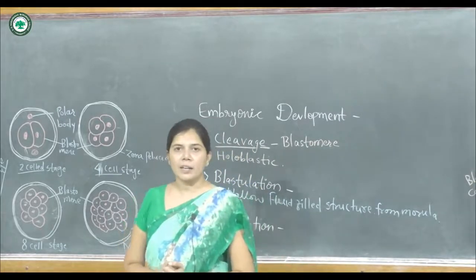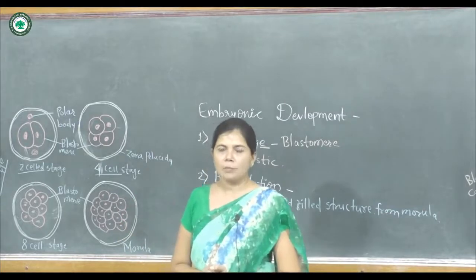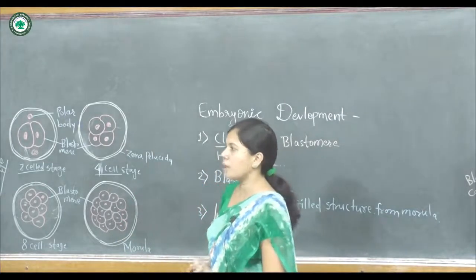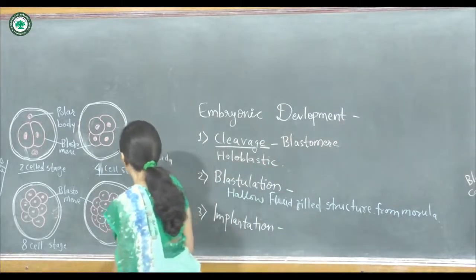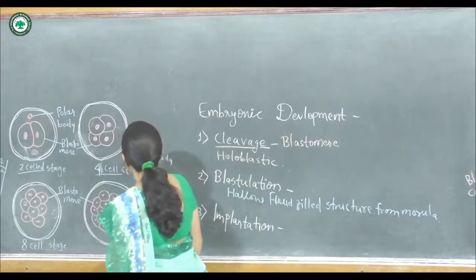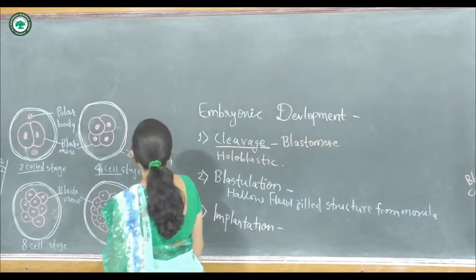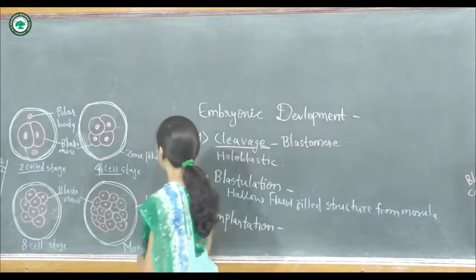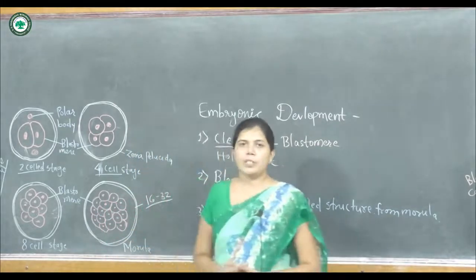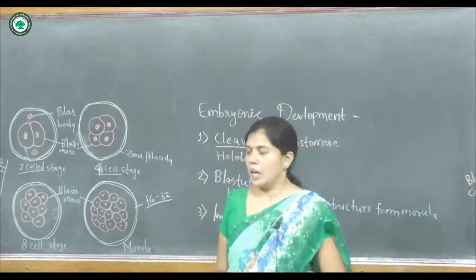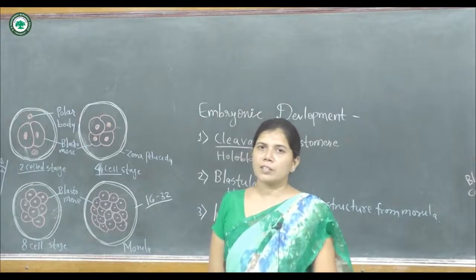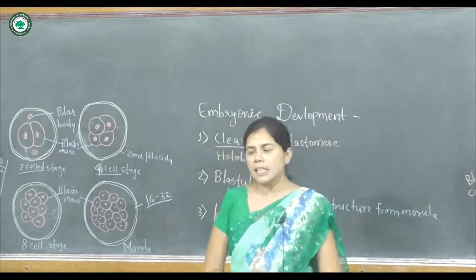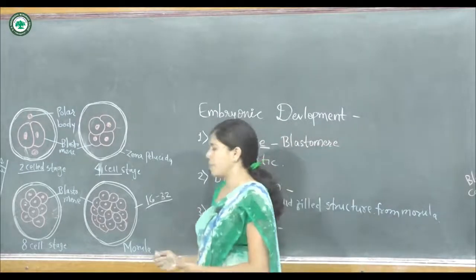At the end of the 4th day after fertilization, a 16 to 32-celled structure is formed, which looks like a mulberry, and this 16 to 32-celled structure is known as the morula.